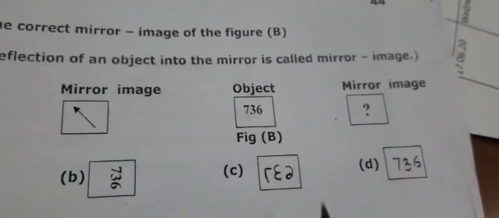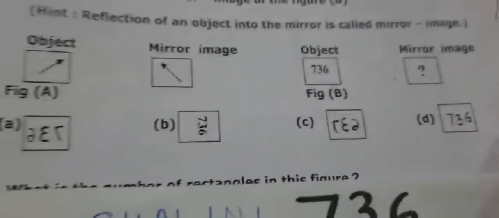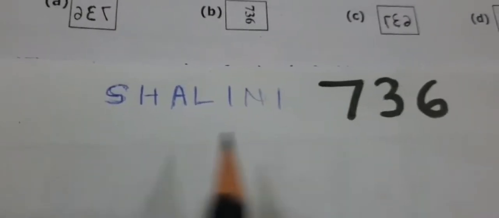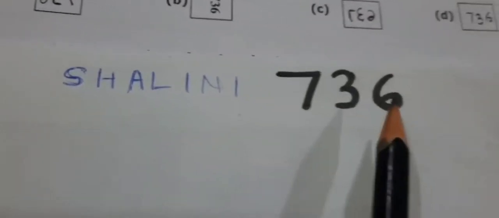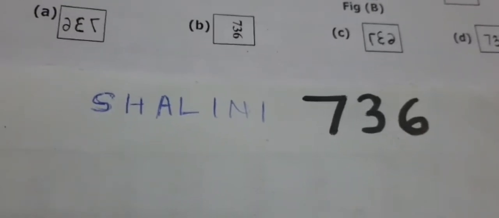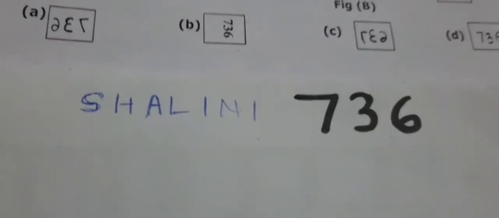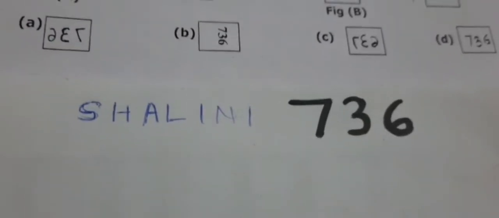So, to show you the mirror image of 736, I have written this number here along with my name, Shalini, and then 736. Children, whenever you want to find out the mirror image of anything, you can place the object in front of the mirror, you will get the mirror image.